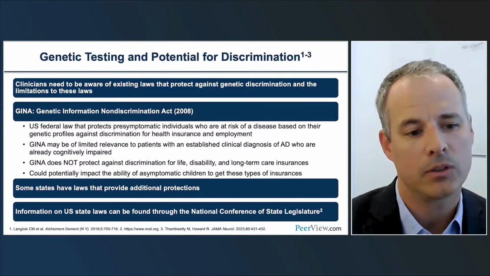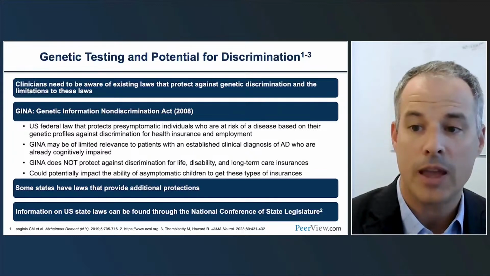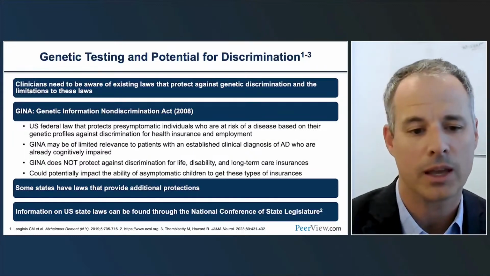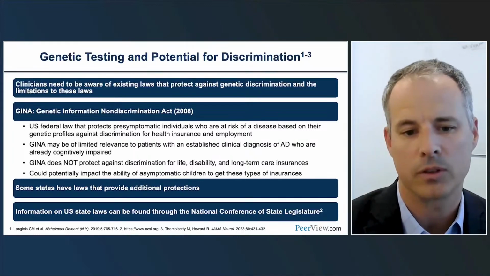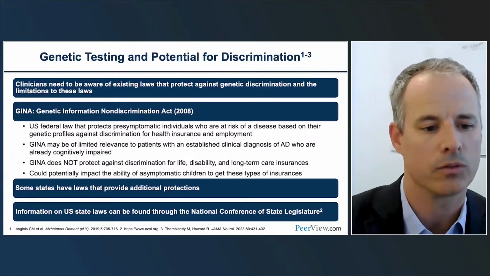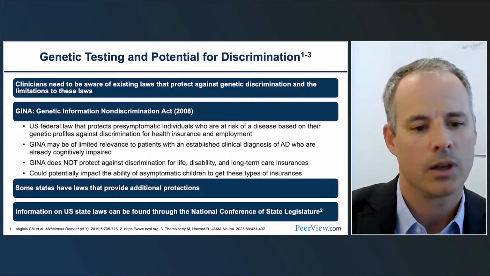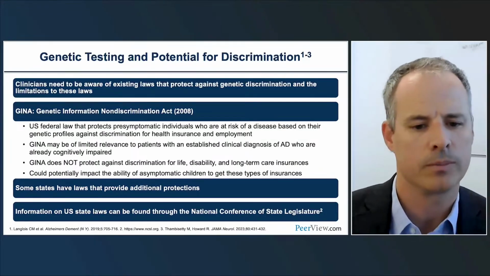So some of this concern is often more about the family members, if they potentially gain new information about their ApoE status and how that could affect their ability to get life insurance, disability insurance, or long-term care insurance in the future. There are some states that have additional procedures, and more information can be found at the National Conference of State Legislatures.